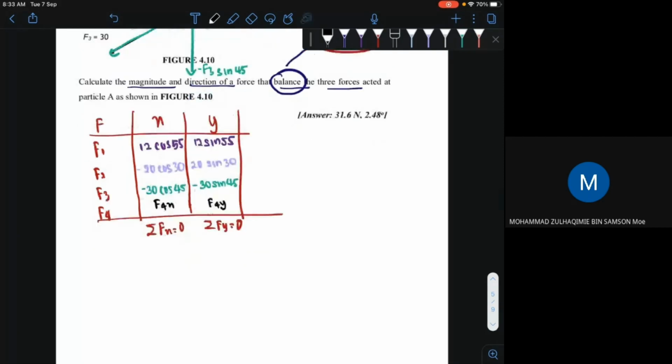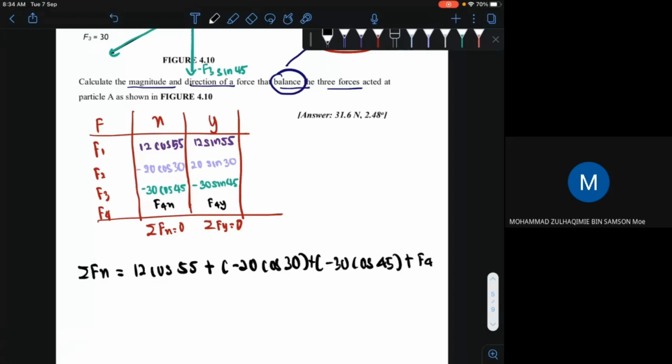Okay, and then you go and sum all these things. Equate it with zero. Summation Fx will be equal to 12 cos 55 plus negative 20 cos 30 plus negative 30 cos 45 plus F4X. All of this must equal zero. So you add them up, you will get negative 31.6 plus F4X.